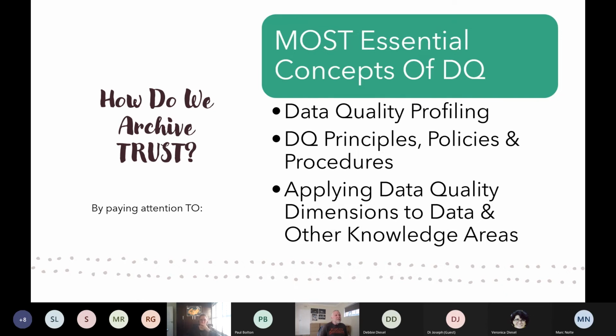How do we let the data speak to us and show the business how bad the data is? They probably have a good understanding of the fact that they're getting data that's giving them the wrong answers in terms of BI, but what is causing the problem? What is the underlying or the root cause of it? Then understanding the data quality principles, and the last is how do we apply these DQ dimensions to data and other knowledge areas?